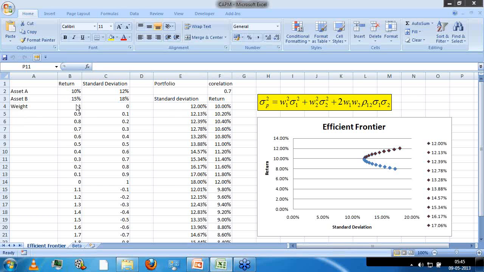If I have written the weight as 1, that means that we are investing all the amount in asset A. We are constructing a portfolio in which we are investing all the amount in asset A, as you can see here.